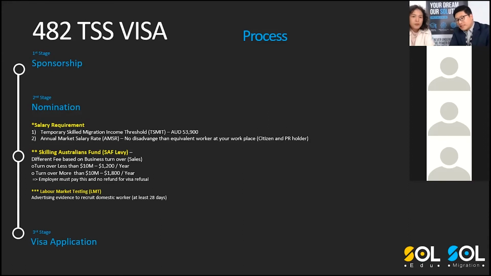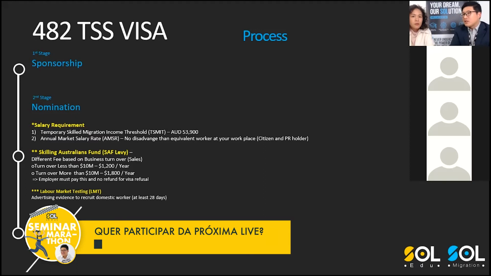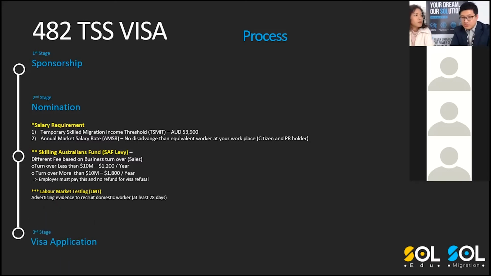At the nomination stage, they will see whether your company and the nominated occupation are related, and whether the company has the financial capacity to provide the nomination. They also see whether the nominee, I mean the student, has the relevant skill and qualification to meet the nomination criteria.